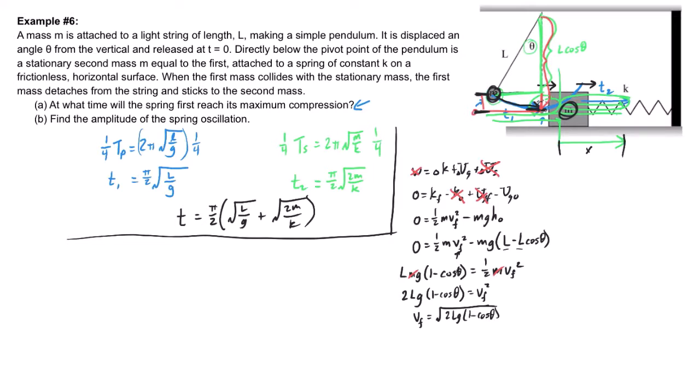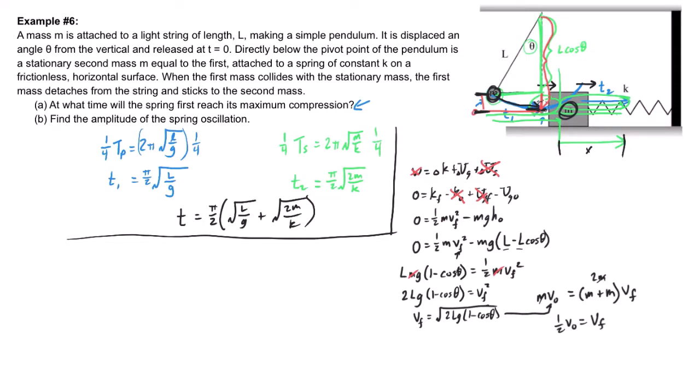Even if you wrote this out, the initial momentum would be m v initial, which is going to be this speed right here, needs to be equal to m plus m, because they're stuck together, v final. And so hopefully you recognize that when you add those two m's together, you're going to have 2m, and when you divide by the 2m, the m's are going to cancel out, and you're going to end up with 1/2 v initial is equal to v final.